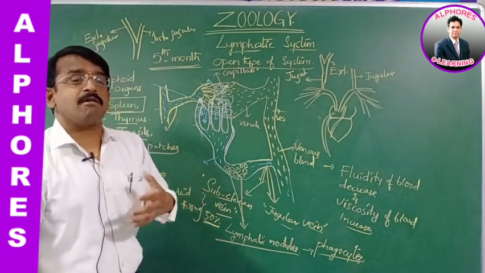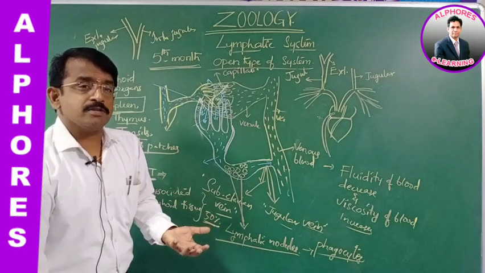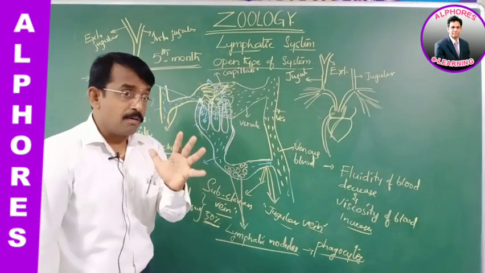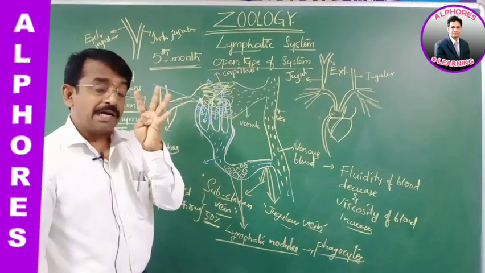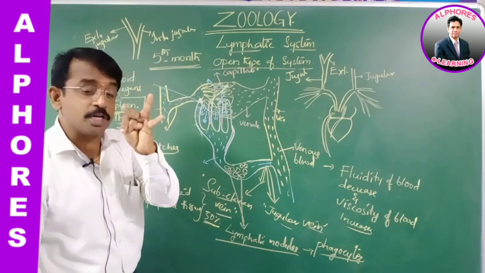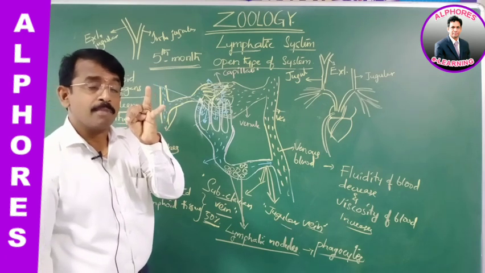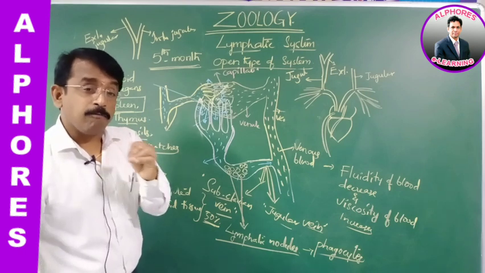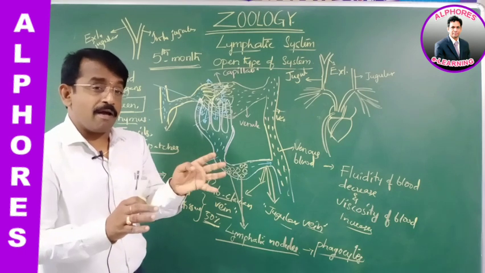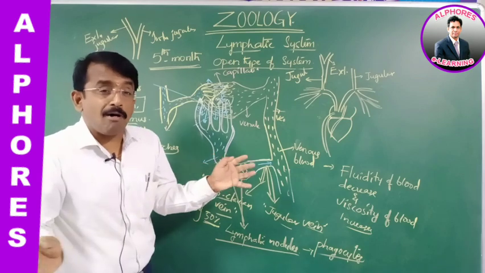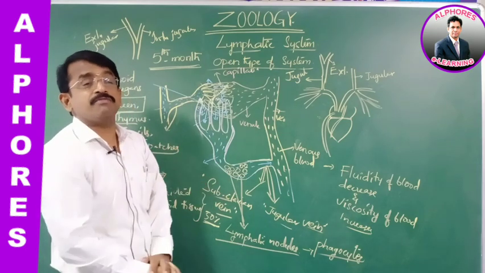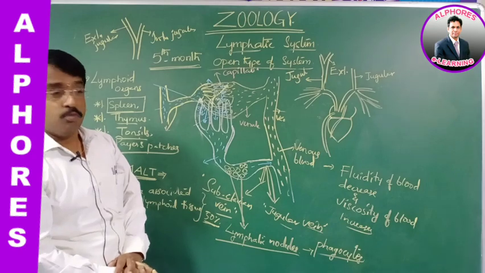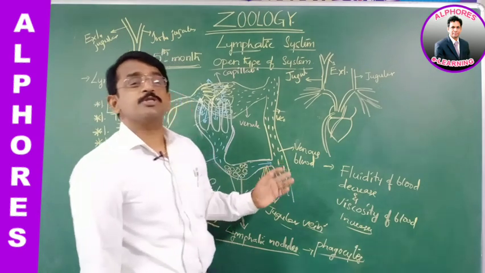B lymphocytes produce antibodies. So antibodies, certain enzymes, small sized proteins, the phagocytes, fat, fluid, carbon dioxide and microbes are all the composition of the lymph, which is drained into the general circulation.